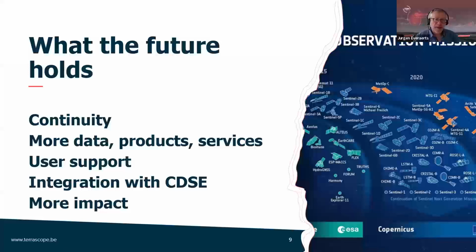There's going to be more data, more products and services. We will strengthen our user support, and we will integrate even more closely with CDSE. What is the impact of that? That you can rely on Terrascope to give you a view on the full archive of the Copernicus Data Space Ecosystem without having to switch platforms, for instance. And we want to create more impact.